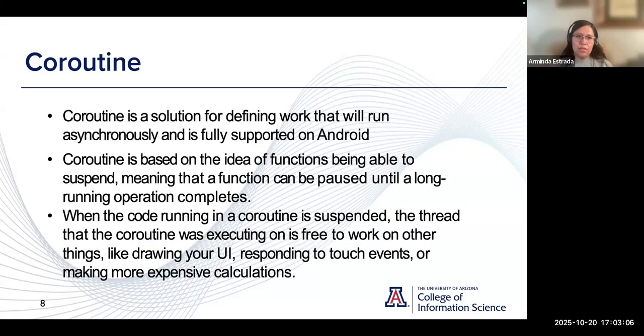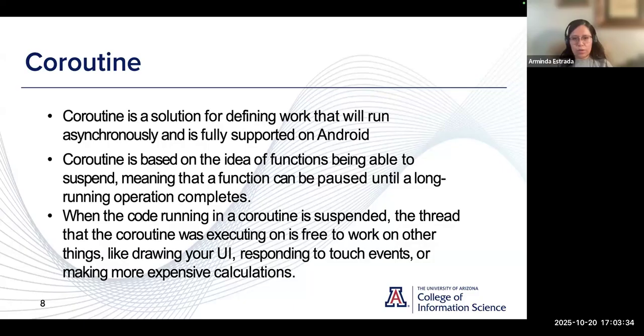Okay. Then we have something called a coroutine. A coroutine is a solution for defining work that will run asynchronously and is fully supported on Android. It's based on the idea of functions being able to suspend. What suspend means is that the function is going to be on pause, on hold, until it receives the information to continue what it's supposed to be doing.